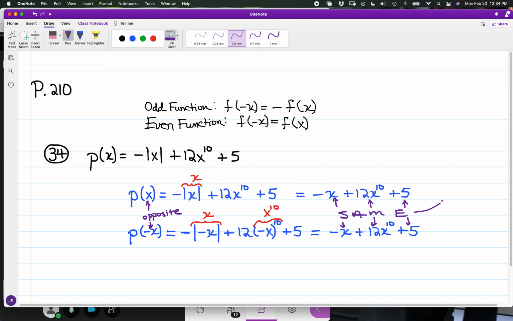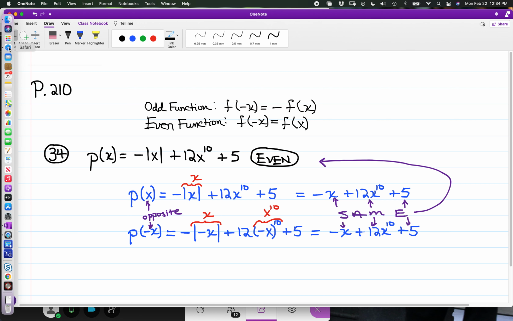This signals that this function p of x is regarded as an even function. And let me give you a bit of a visual on this one.